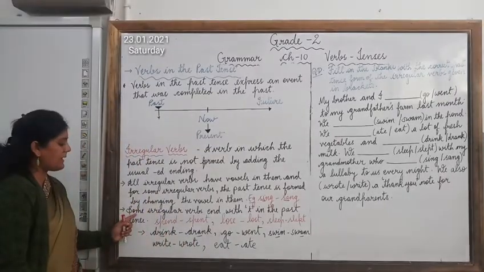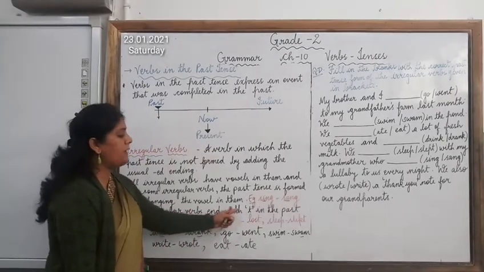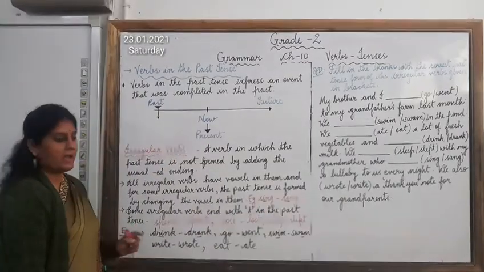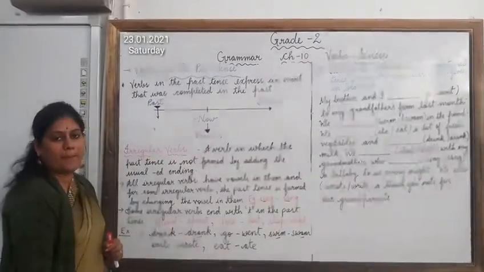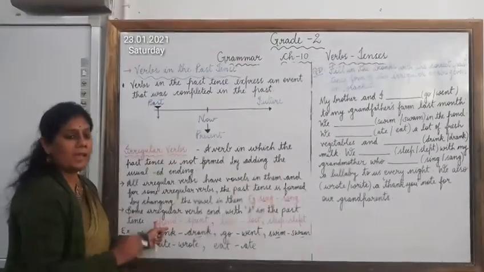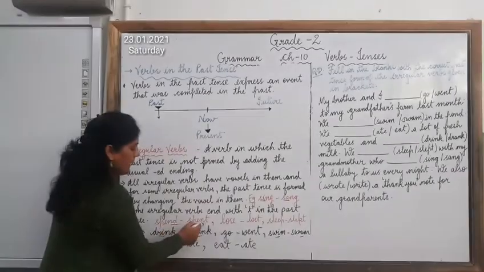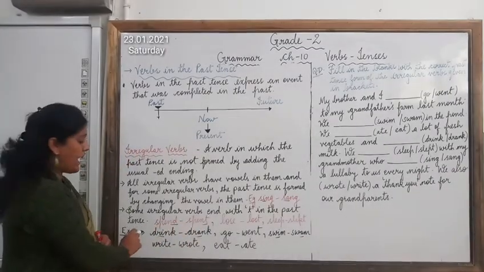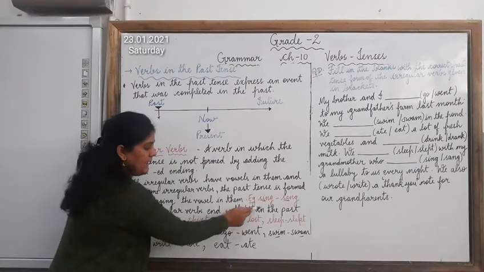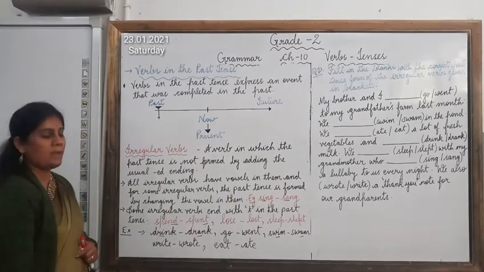So children, next is some irregular verbs end with t in the past tense. Here the present form is given to you, spend. And what is the past form of the verb spend? Yes, spend will become spent. So here you can observe that irregular verb spend ends with t in the past form.